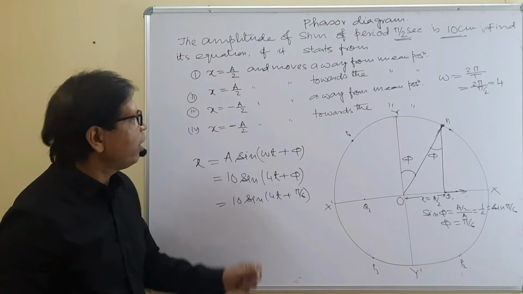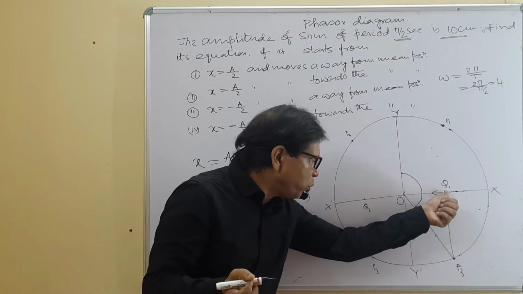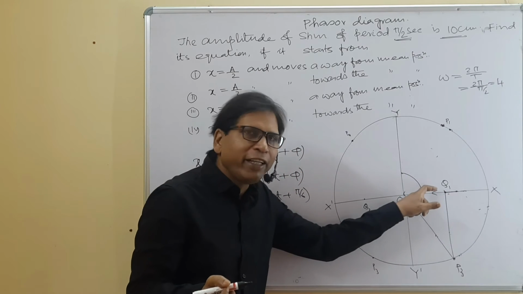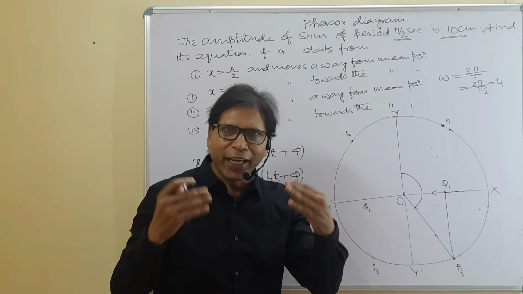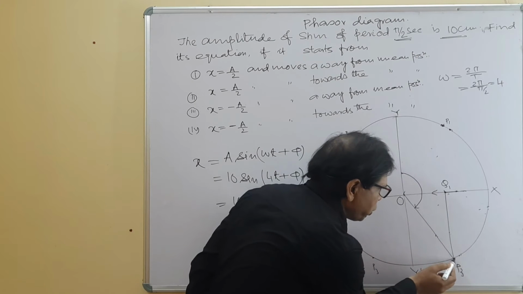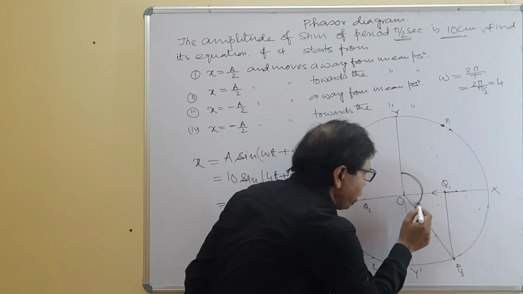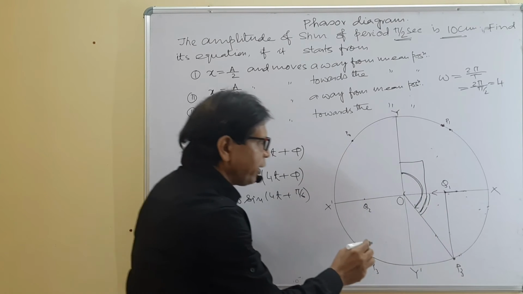Now, when the SHM starts from this position and moves towards the mean position, the instantaneous position of the particle is at this point. So what is the initial phase? A line is drawn from here, and this angle is the initial phase phi. Let us calculate this angle theta.